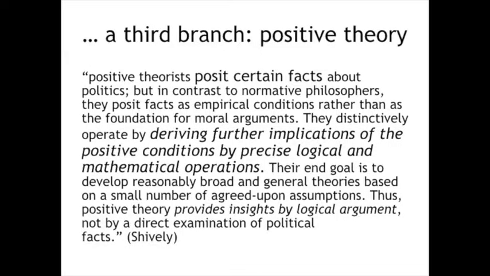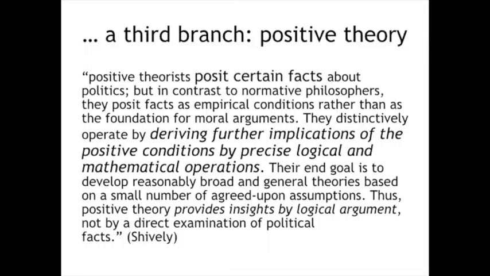And international relations relies on a combination of empirical studies and what we call positive theory. So one more type of theory in political science, positive theory. Positive theory is more like formal logic than like natural science.